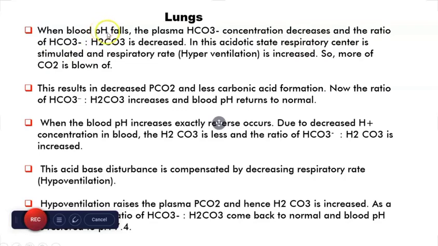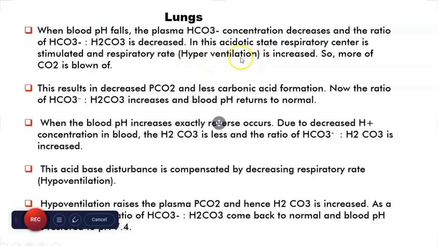And we also know that the ratio of hydrogen carbonate to carbonic acid is less. That's what I mean by decrease. The ratio is already less. It means there is more of this acid in the system than the conjugate base already. And so the body is already in a state of acidosis, meaning an acidic state.